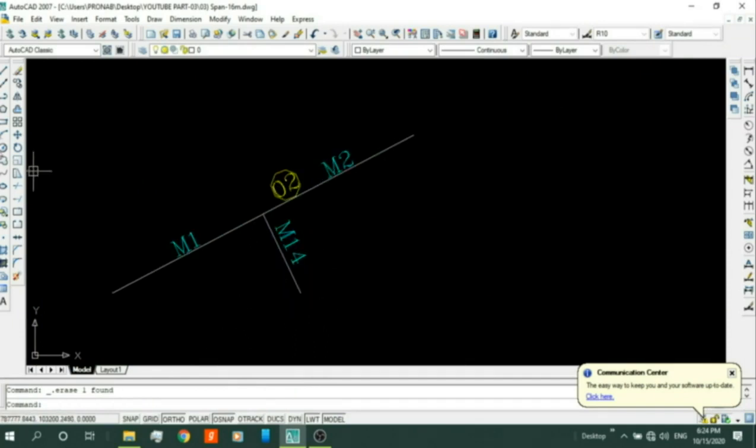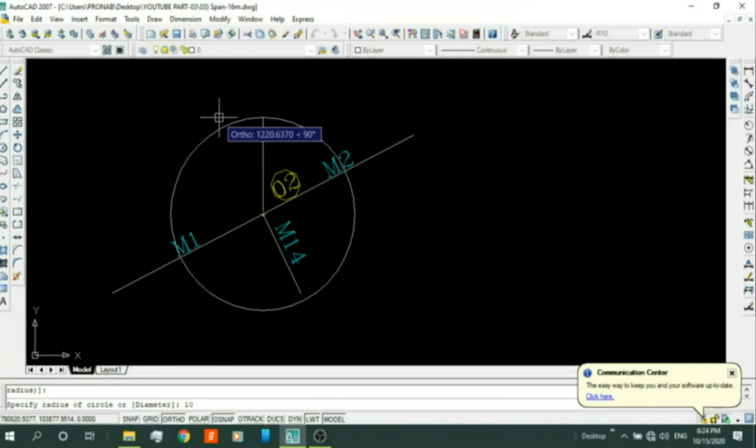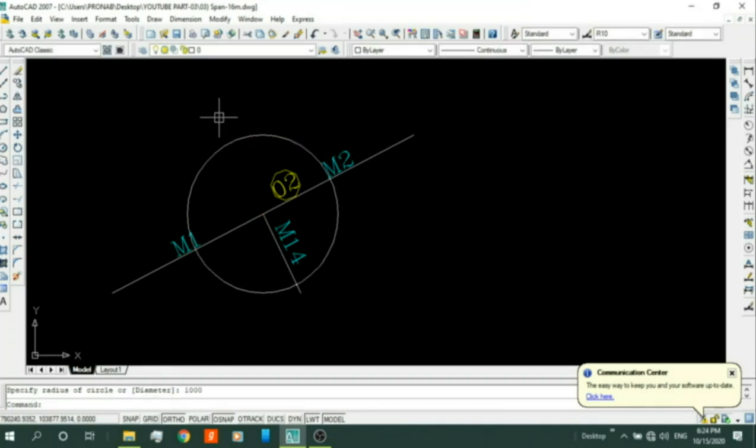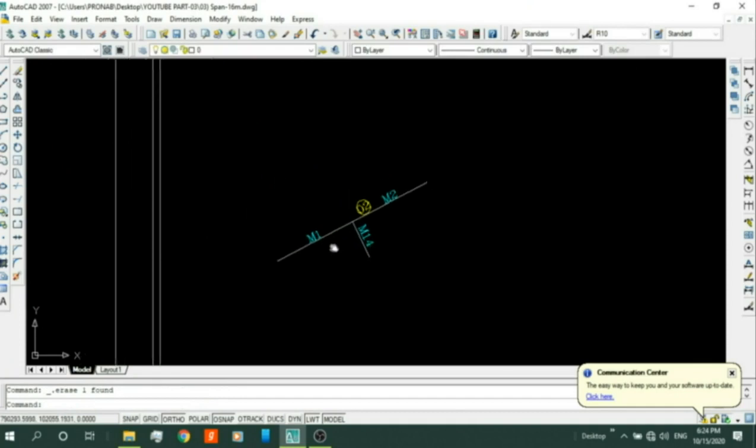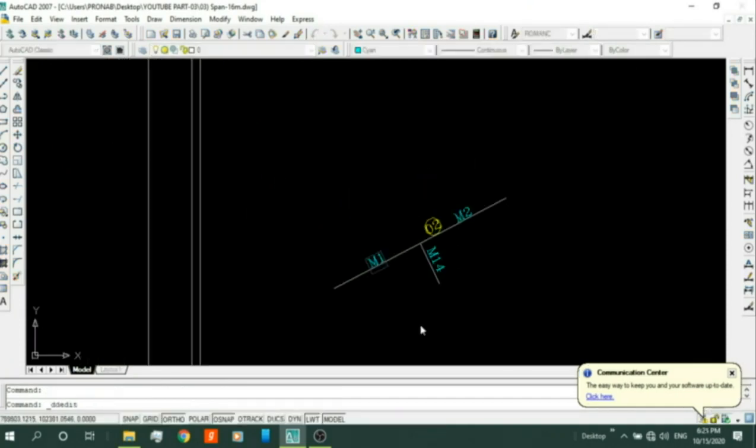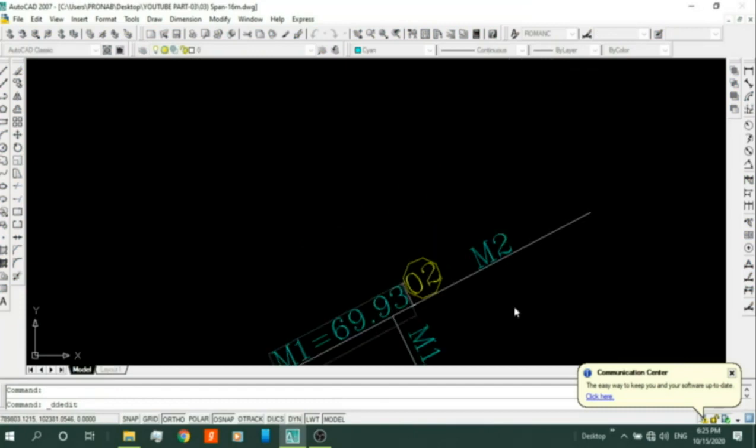Now, draw a circle of radius 10, 1, 2. Here M1 is equal to M2 is equal to 69.930.